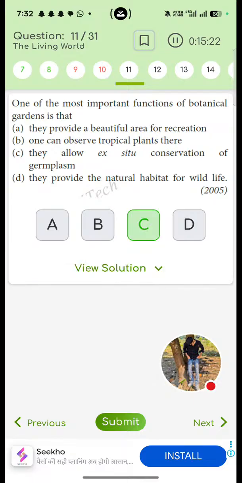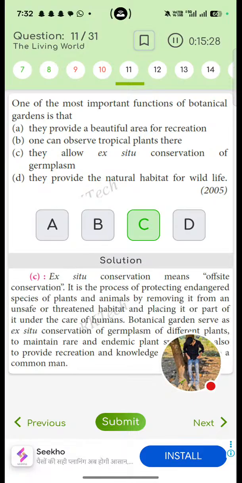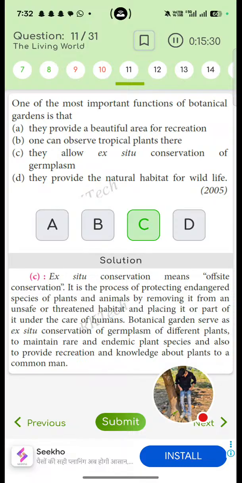Option C. They allow access to conservation of germplasm. Ex situ conservation means off-site conservation. It is the process of protecting endangered species of plants and animals by removing them from an unsafe or threatened habitat and placing them or part of them under the care of humans.